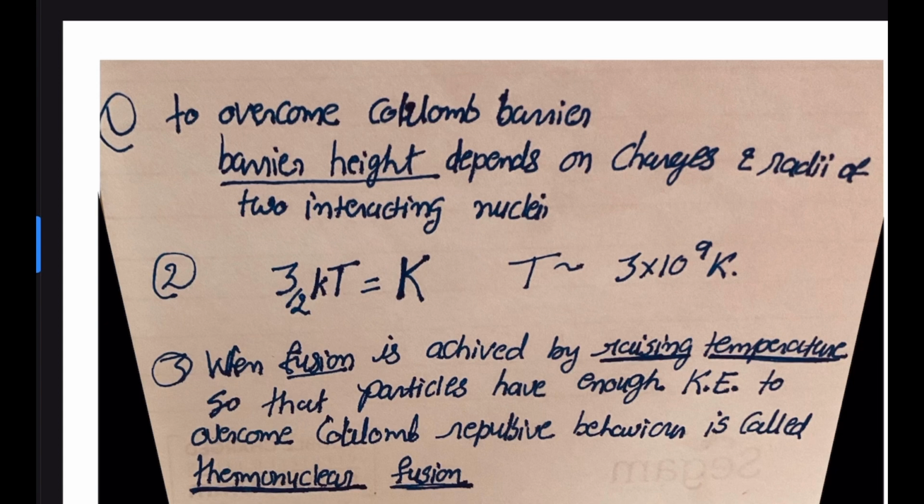So we have to provide energy corresponding to T equal to 3 × 10^9 K, and then the Coulomb barrier will be overcome. When fusion is achieved by raising temperature, it is called thermonuclear fusion, and particles have enough kinetic energy to overcome the Coulomb barrier in this process.